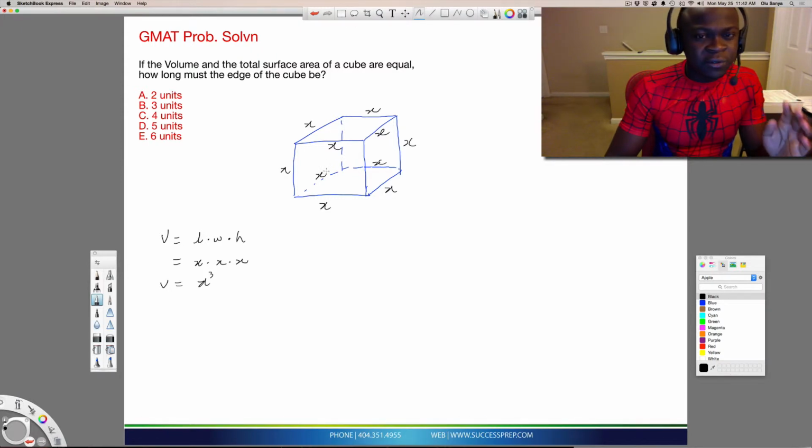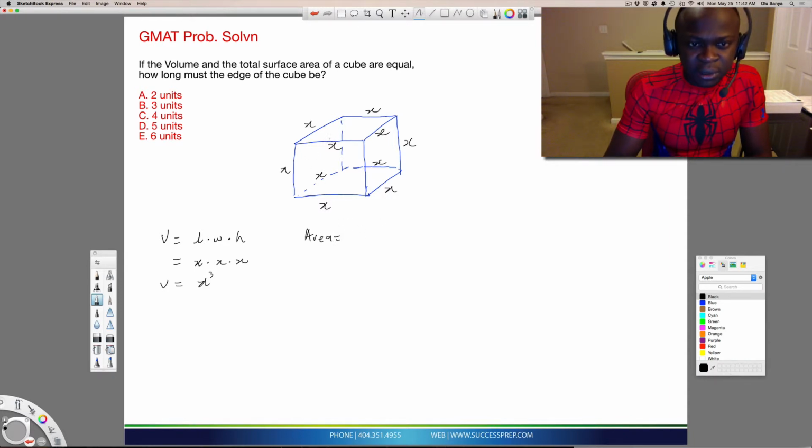All you have to do is find the area of one, because since it's a cube, the area of each of the faces is the same. It's just 6 times. Okay, so what is the area of one of these surfaces? Let's look at this front one, for example. What is the area? Area is just length times width. In this case it's going to be a square.